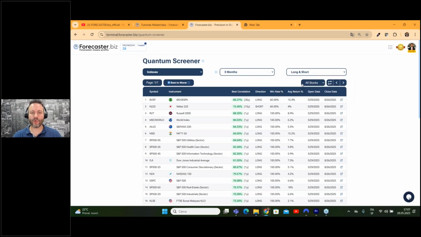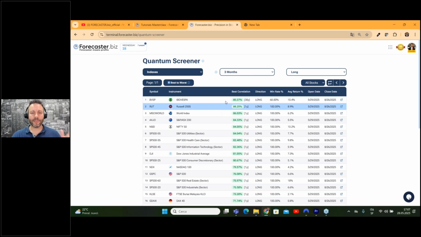Let's go, for example, only long at the moment. The system tells you which are the instruments that have the best correlation at the moment. Okay, a combination of best correlation, the best win rate and the best average return.